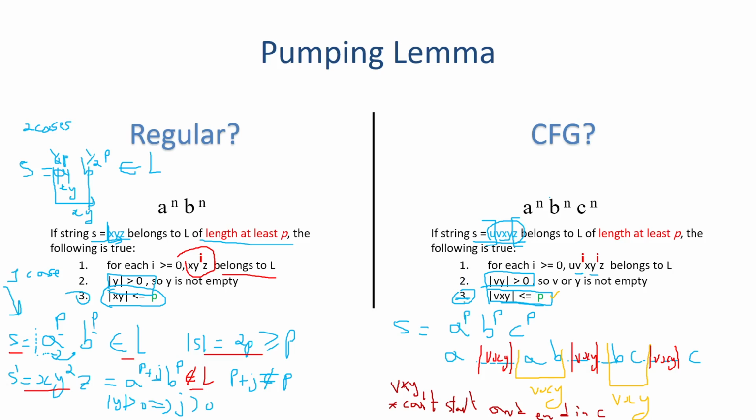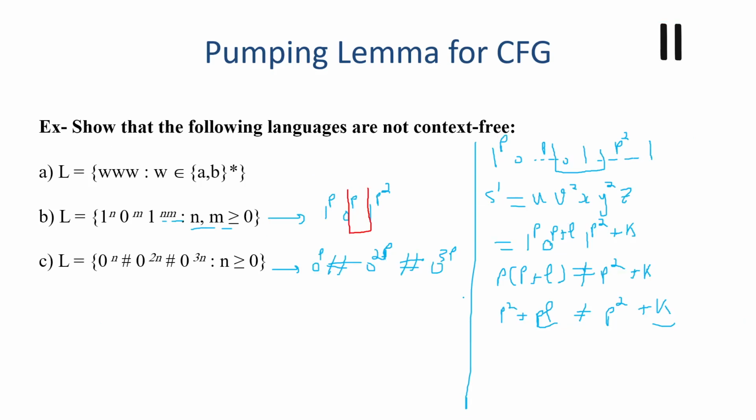But in this scenario, we're actually going to rely on the third rule too, because vxy at most is going to be p. So that means L and K at most is going to be p. So obviously K at most is going to be p, like in the scenario where L is 0, at most K is going to be p, right?